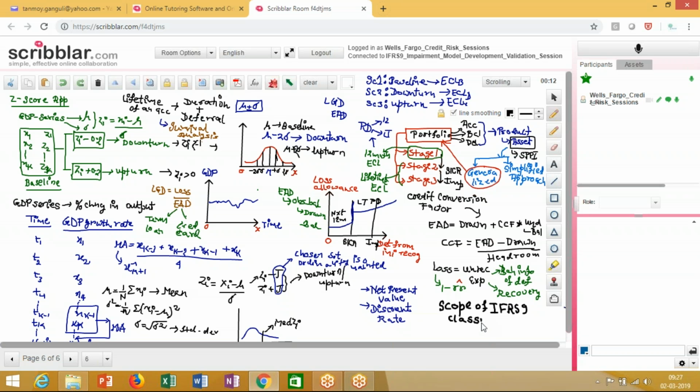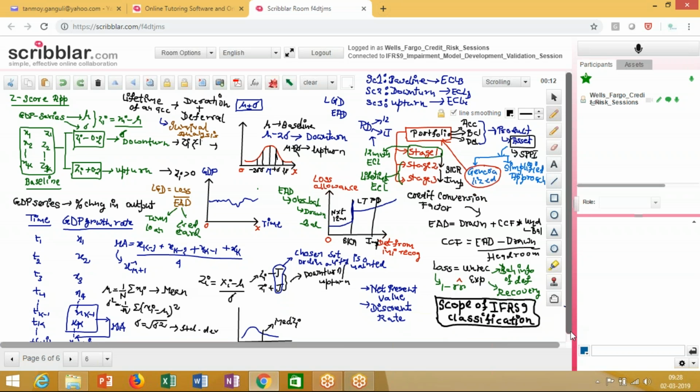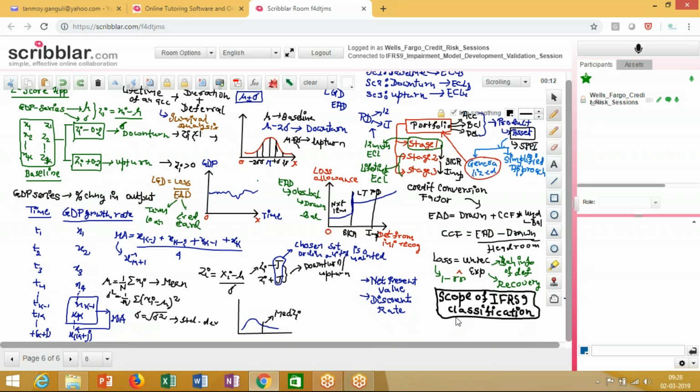And there are three such factors. Okay, so the first set of assets that I have with me is the assets at amortized cost.